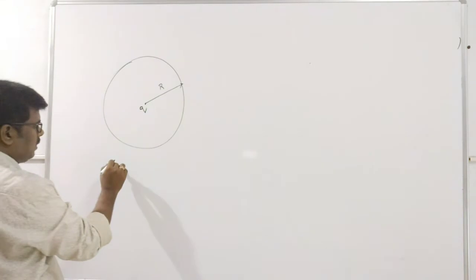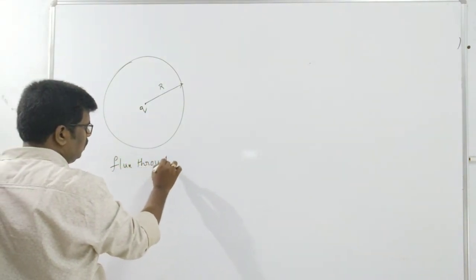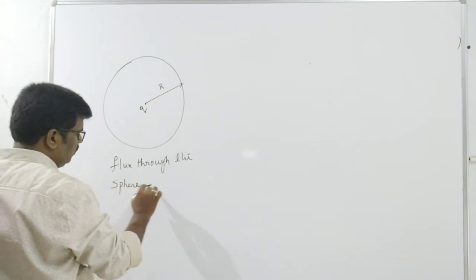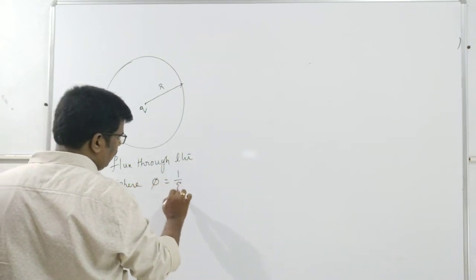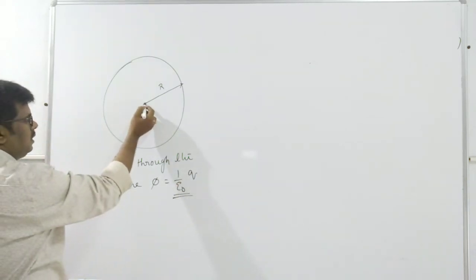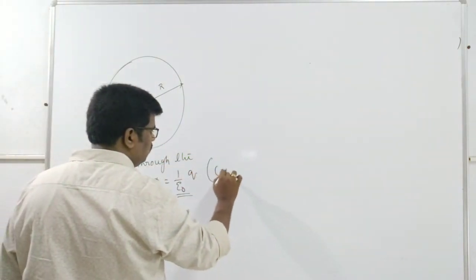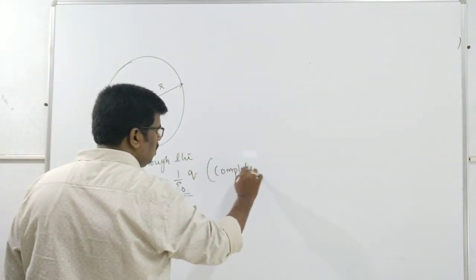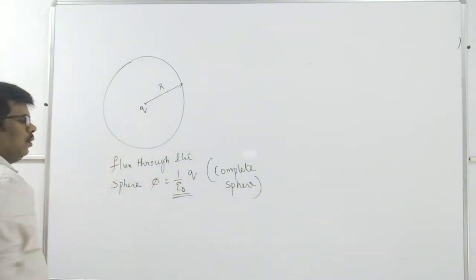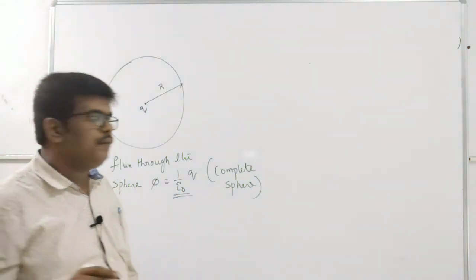Then the flux through the sphere is phi equal to 1 by epsilon naught times the net charge. Because this is the flux through the complete sphere, you write it as 1 by epsilon naught times q.